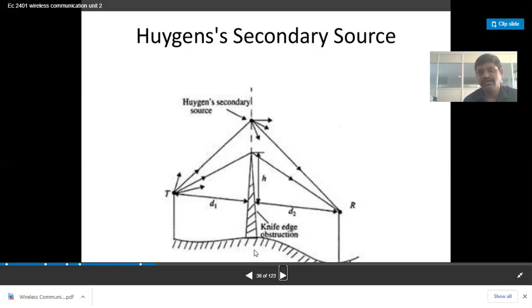Whenever the height of any other obstacle is more than this height, it will stop the transmission between transmitter and receiver. This will hit at a point of contact. If its height is more, this is known as knife edge obstruction.